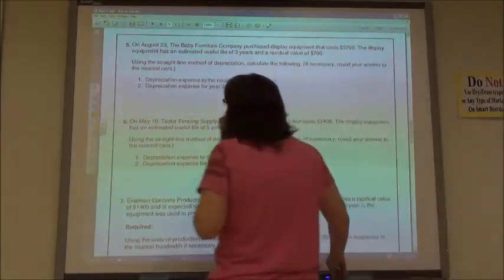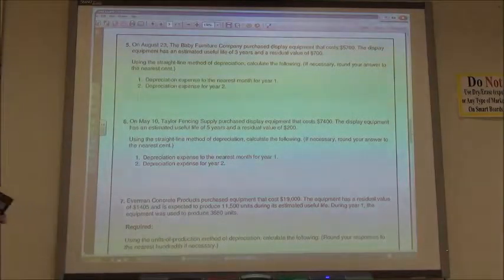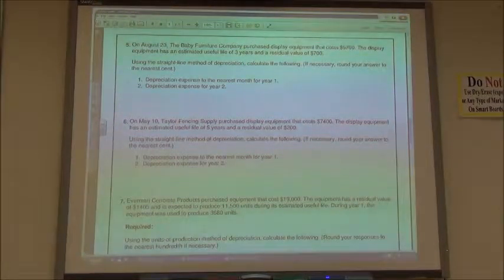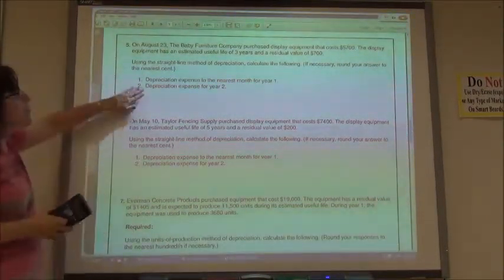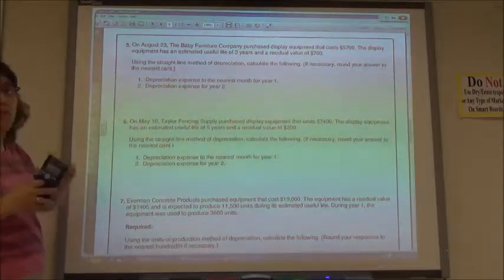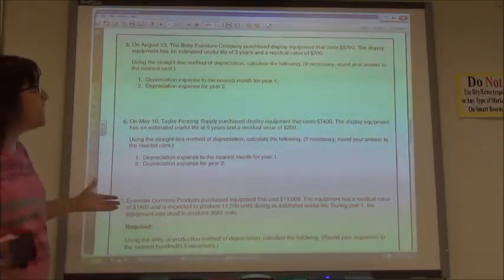So number 5, it says on August 23rd, the baby furniture company purchased display equipment that costs $5,700. The display equipment has an estimated useful life of 3 years and a residual value of $700. Use the straight line method of depreciation to calculate the following. Again, we're really going to do year 2 first because we're going to find the depreciation for a full year.